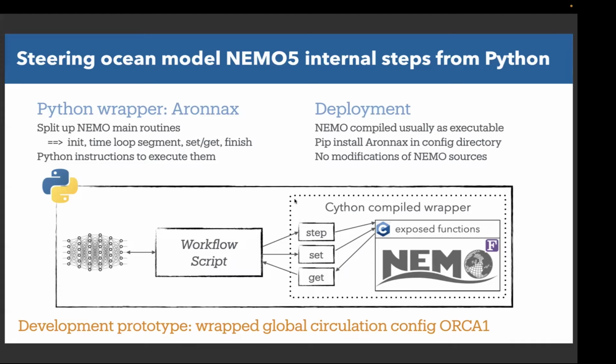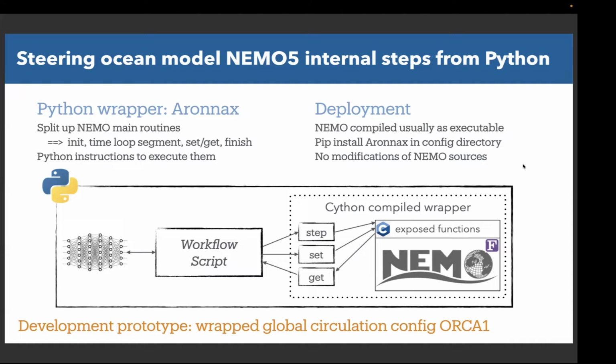So no heavy operation is performed by Python; it just provides some information about NEMO, and the Python wrapper sends instructions to execute those split-up NEMO parts. The Python wrapper is named Aronnax. It's a character from Jules Verne's novel 20,000 Leagues Under the Sea. I tried to design it in a way to not get usual NEMO users lost.